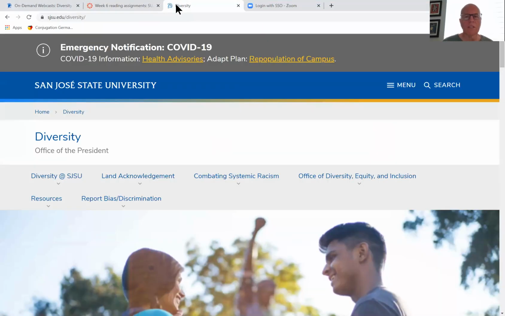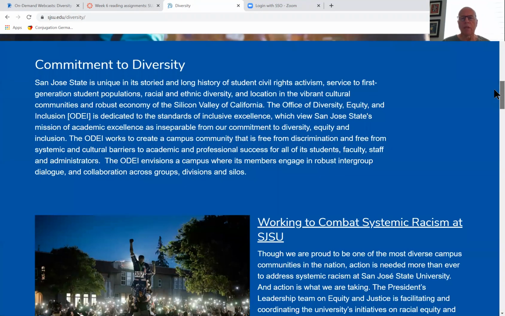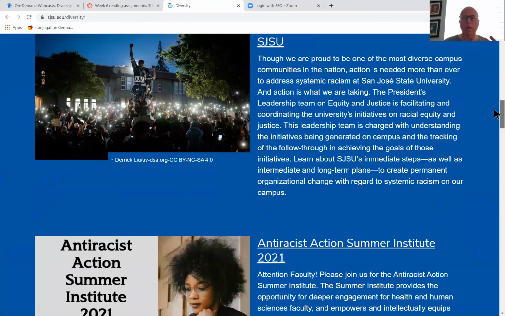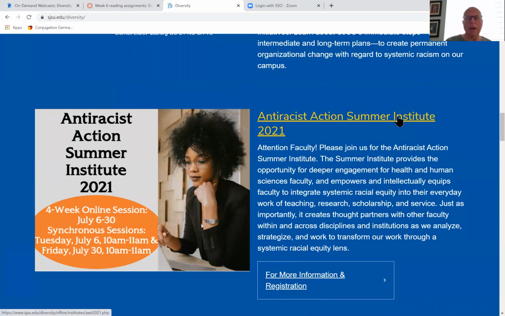The first one is the university's page on diversity. You can find some pretty interesting information here on the university's mission and goals in terms of diversity, and how we as a university, as an organization, work to further the goals that our university has in terms of having an enlightened and diversified student body and faculty.